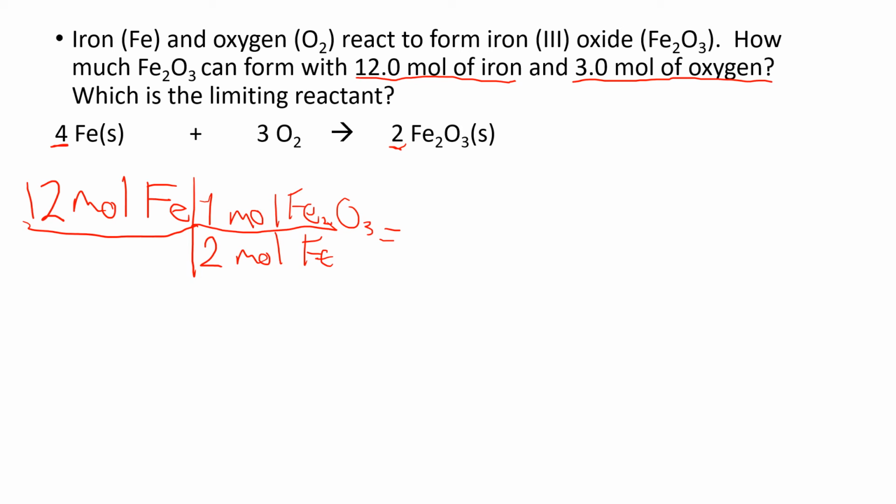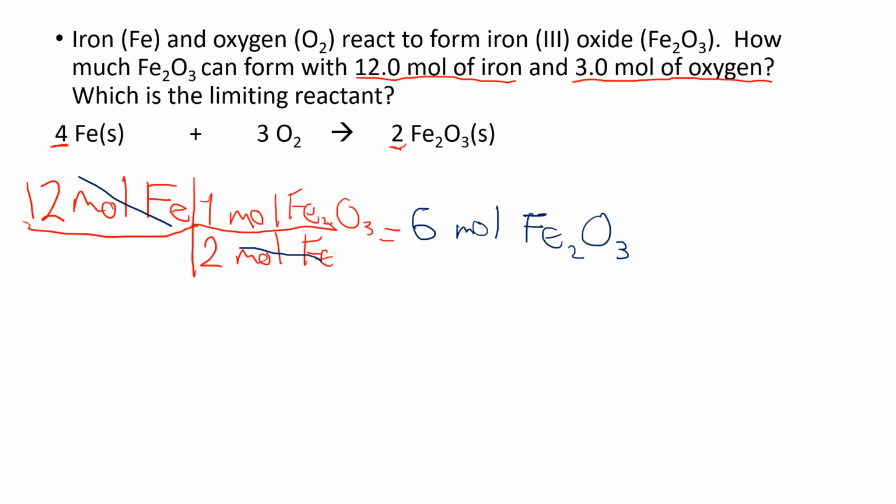Notice how I'm able to cancel out my moles of iron, and I'm left with the unit that I'm looking for. So 12 times 1 divided by 2 gives me 6 moles possible of my iron 3 oxide. So that's one of my reactants here.